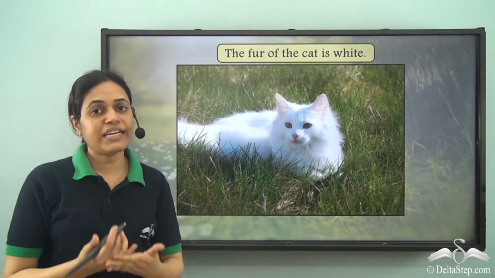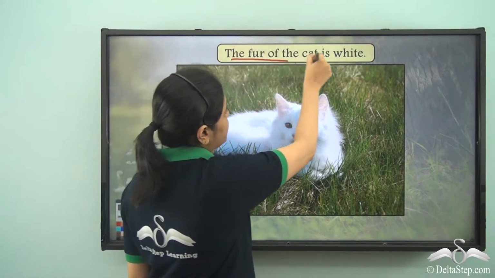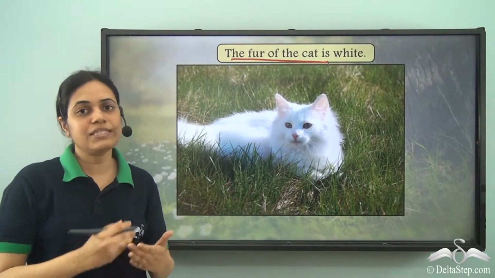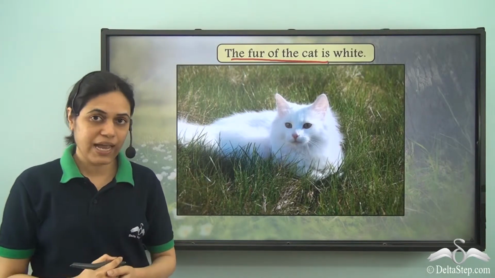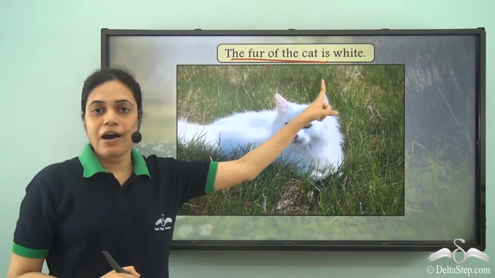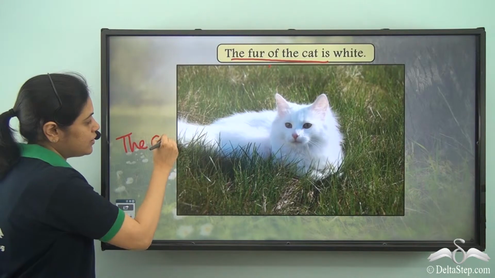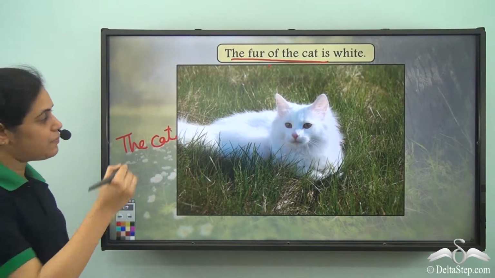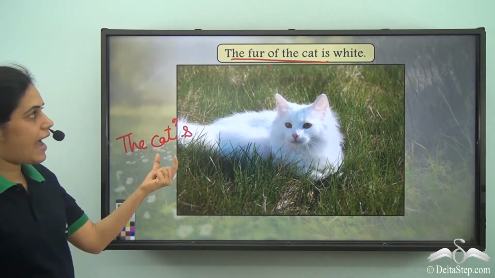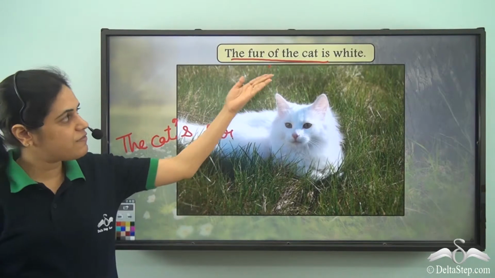Now we know that an apostrophe is used to show possession. The fur of the cat is white. Now the fur of the cat means the fur belonging to the cat. So whatever comes after "of", I write it first, the cat, then I put the apostrophe and then an S: the cat's fur is white.